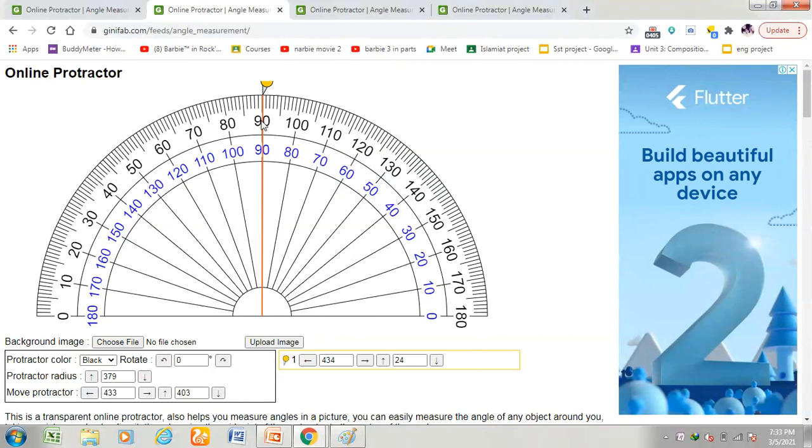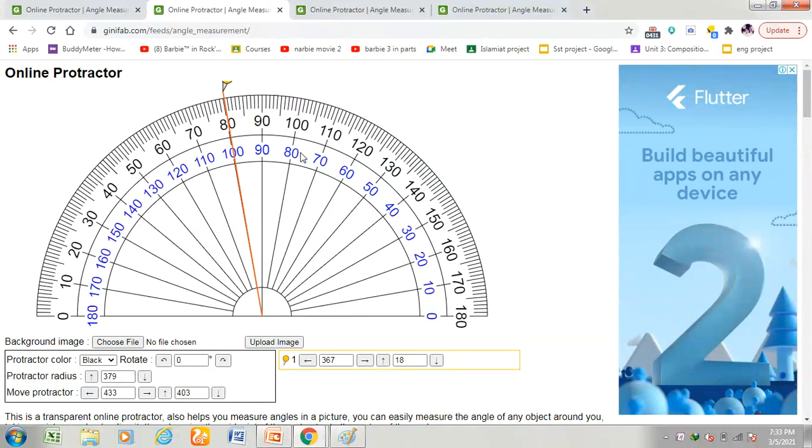So now we are on 90, full on 90-degree. If there is a question to find 80-degree, we will not go here because that is the downward part. We'll go directly here because it's up. 80 degrees is here, not here and not here.